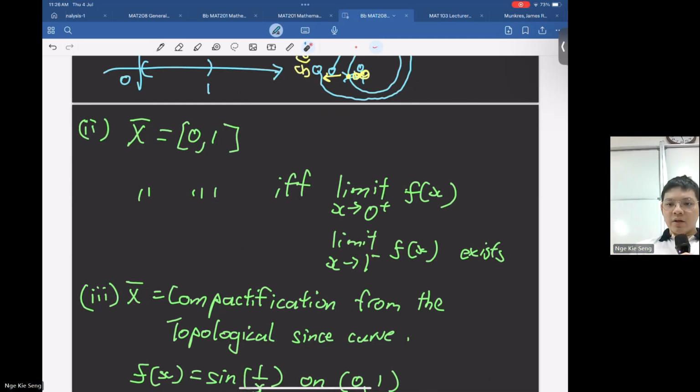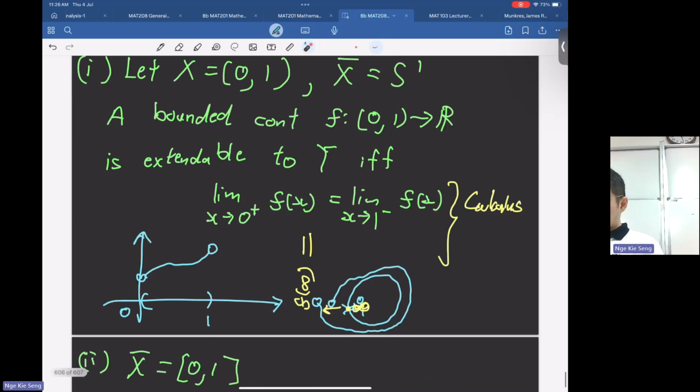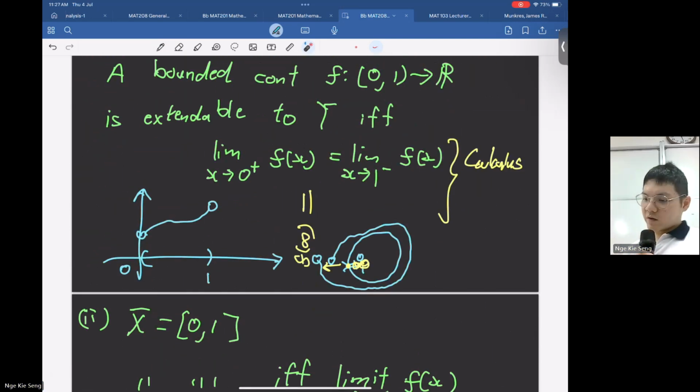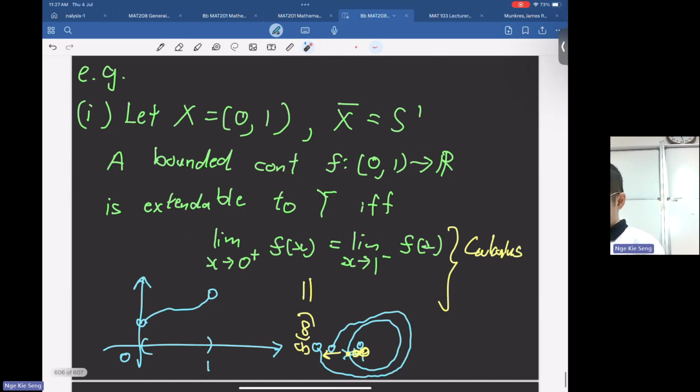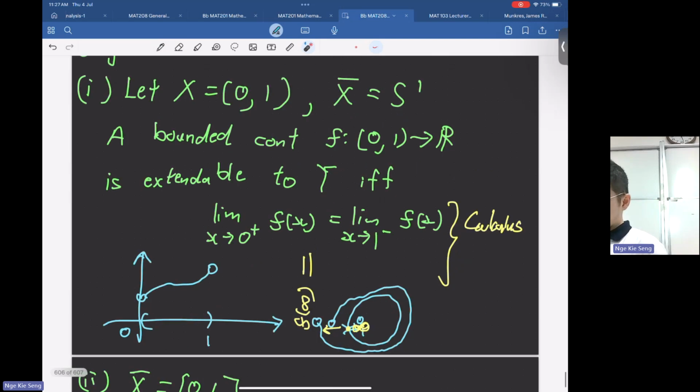Right. So from these examples, what you can see is we look at different bounded continuous functions on (0,1), and then we look at different compactifications, and we ask whether the continuous function defined on (0,1) can be extended or not.